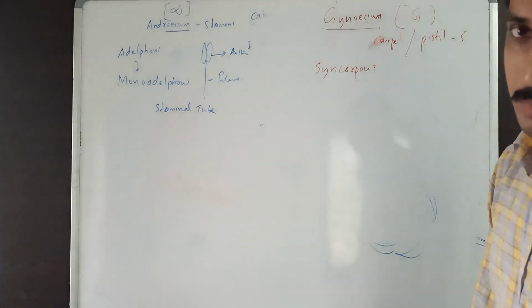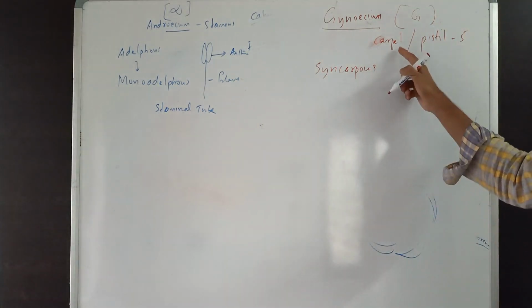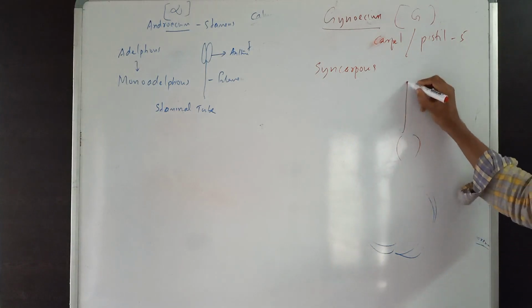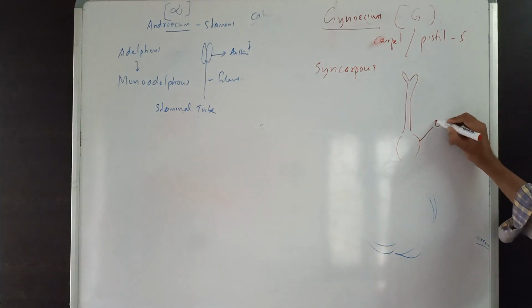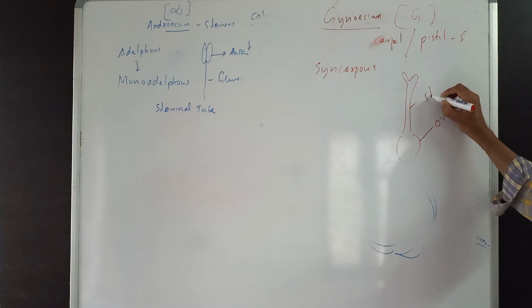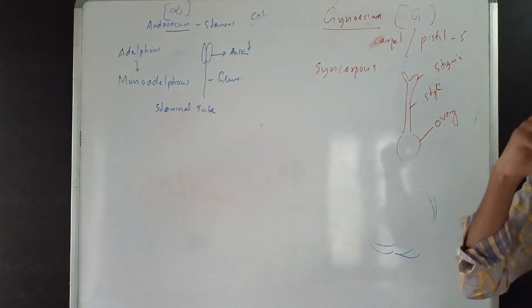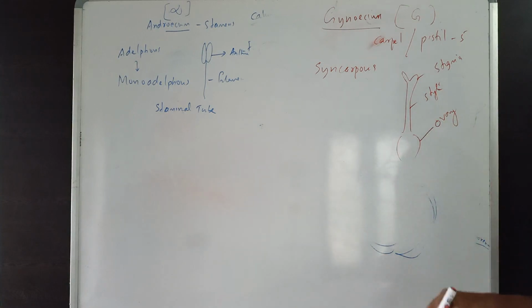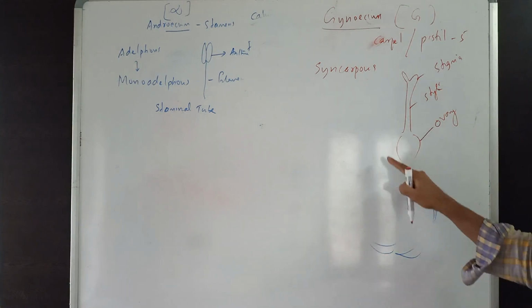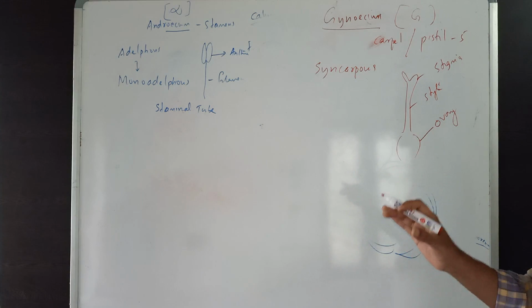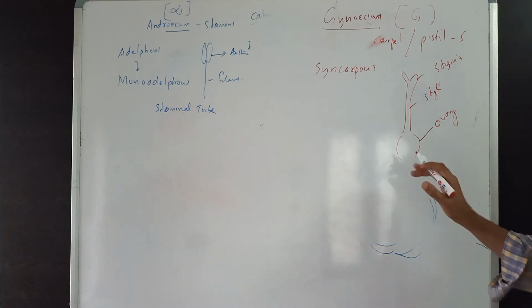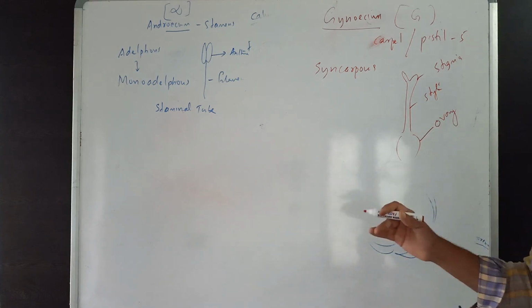It is syncarpous. And when we take the structure of carpel, you can see 3 parts. This is called ovary, this is called style, and this is called stigma. When we take the cross section of the ovary, we can see 5 carpels. That is syncarpous condition of the carpel.